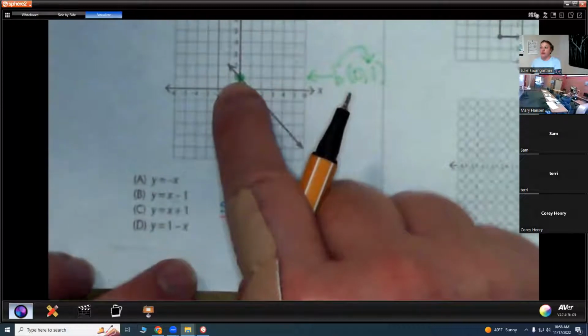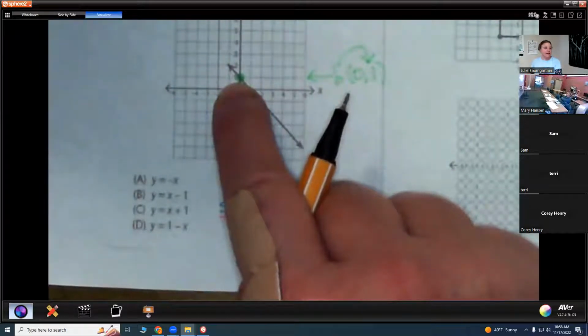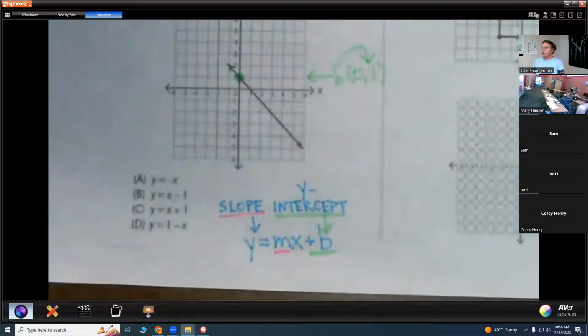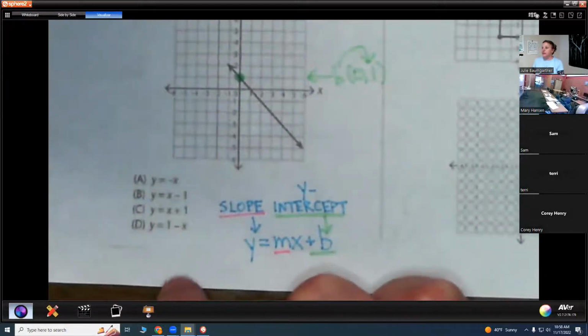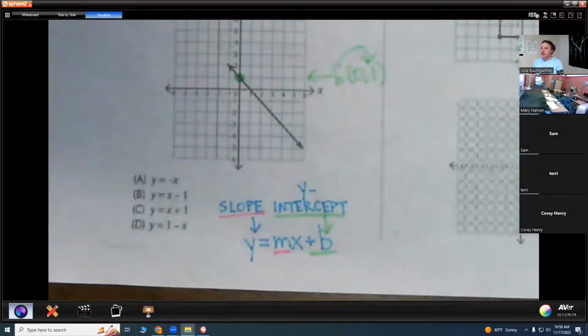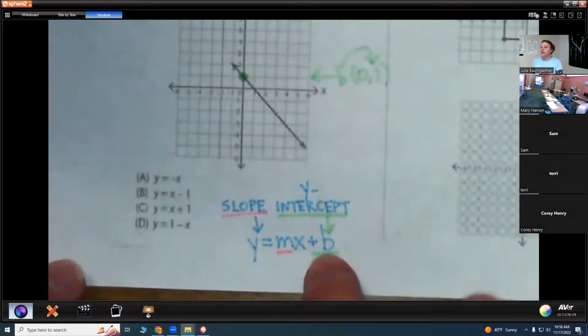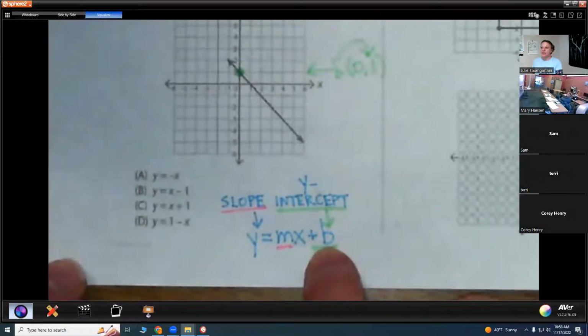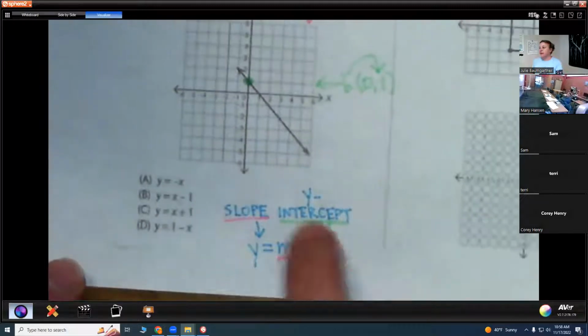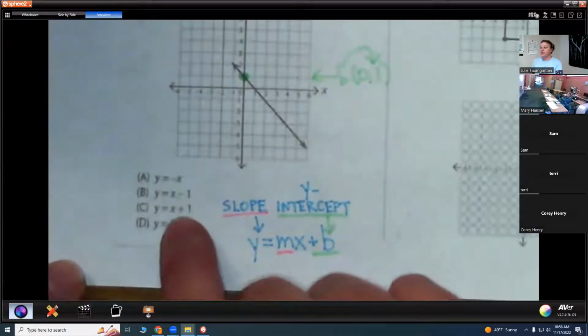And we know that because that's where the line is crossing the y-axis, okay? So if you look at your choices of answer, is there any choice where B is positive 1, where it's x plus 1? B is C, okay, just C.